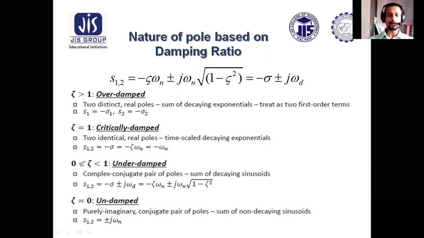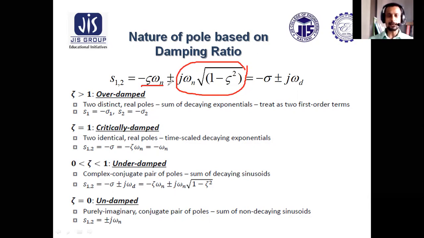Now, if zeta is ranging between 0 and 1, then what will happen? Suppose zeta is 0.1. So 1 minus 0.1 is a positive quantity, and the square root of 0.9 will be a positive quantity. So if zeta is ranging between 0 and 1, this imaginary part will exist and this real part will also exist.